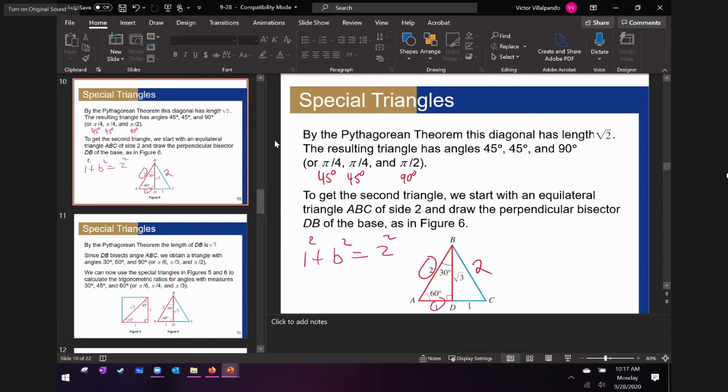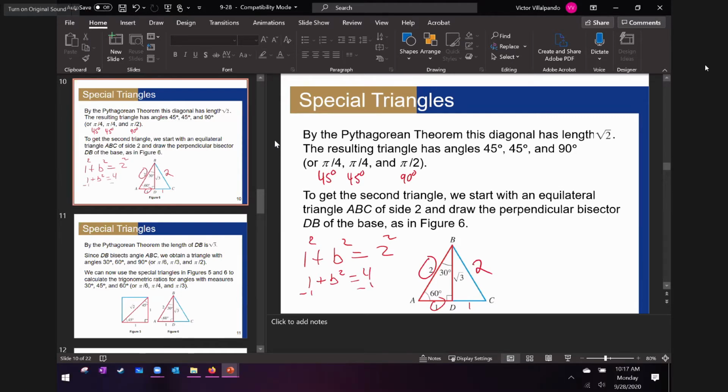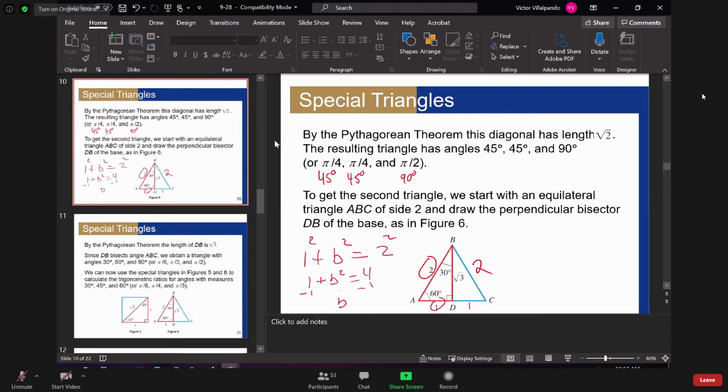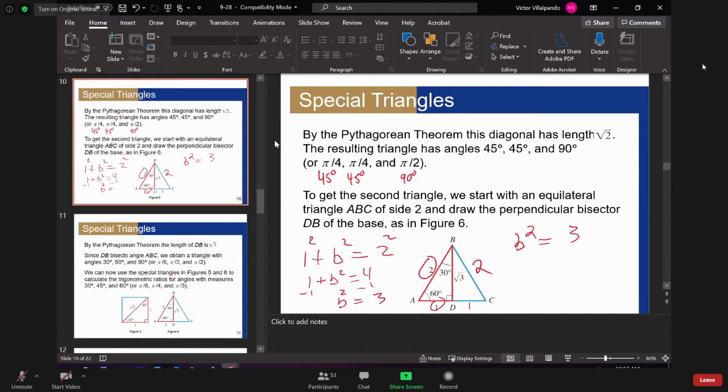So 1 squared is 1, plus b squared is equal to 2 squared, which is 4. Minus 1 gives me b squared is equal to 3. Solving for b, we get square root 3. So that's where that square root 3 came from.